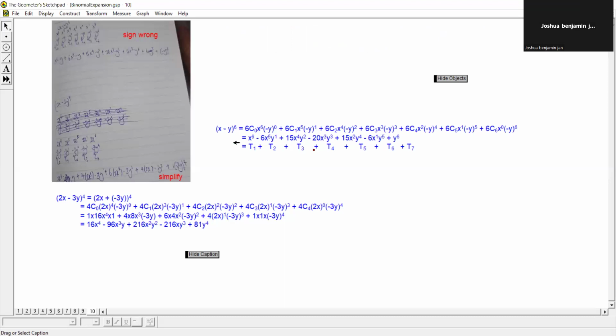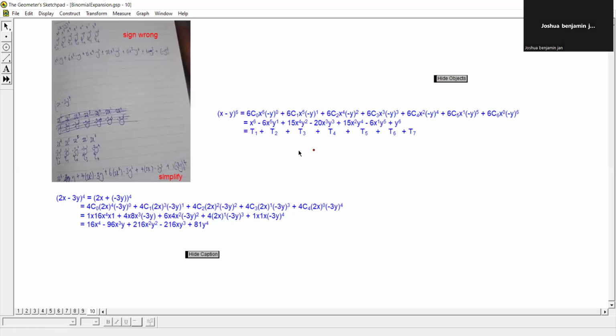So your expansion is correct, except that you see the negative y to the power of 3. So there should be a negative sign here, right? Here, sorry. Here. Then negative y to the power of 5. There should be a negative sign there.